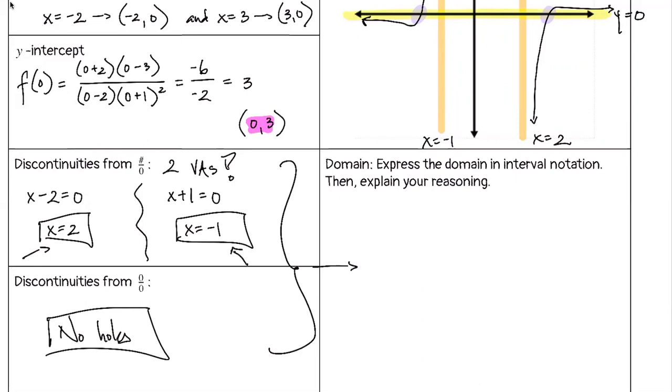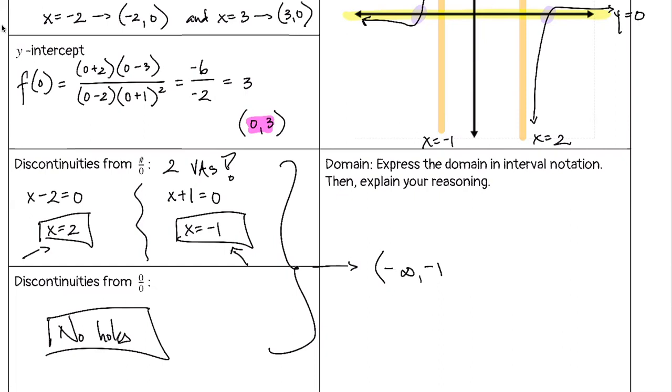Those are the only exceptions. So when we write these out, we're going to start from -infinity. What's the next value that it gets to when we come from -infinity? Does it get to -1 first, or does it get to 2 first? It gets to -1. So that's the next one I'm going to write here.